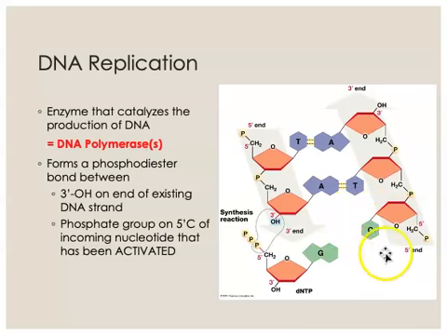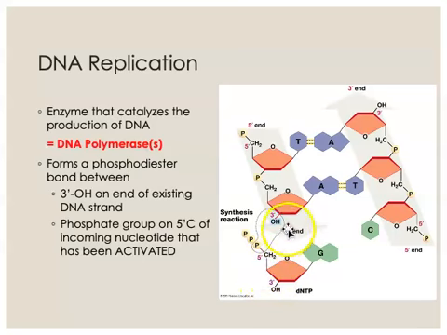on the old strand. So the 3 phosphate groups that are on this nucleotide make this nucleotide activated. And what we mean when we use that language is we're going to use the energy that is stored in these phosphate bonds to provide the power needed to build a new covalent bond, to build a new phosphodiester bond.